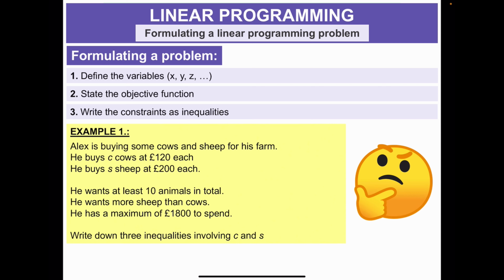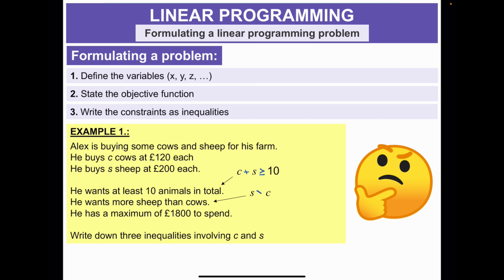So the first thing, we know that he wants to buy at least 10 animals. That means their sum, cow plus sheep, must be greater than or equal to 10. Then we know that he wants more sheep than cows.